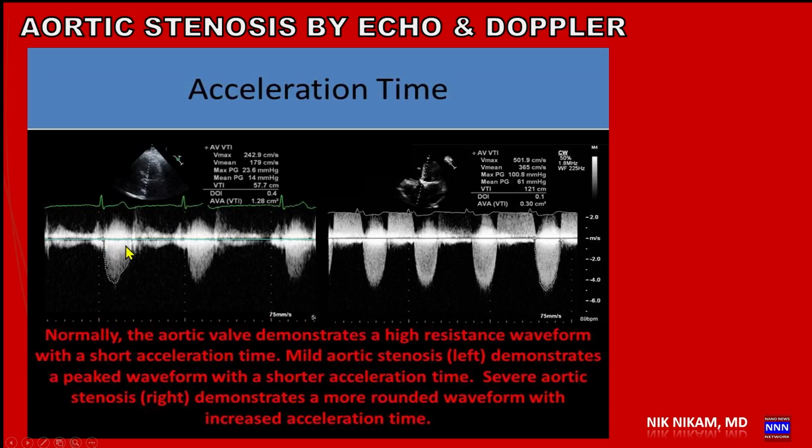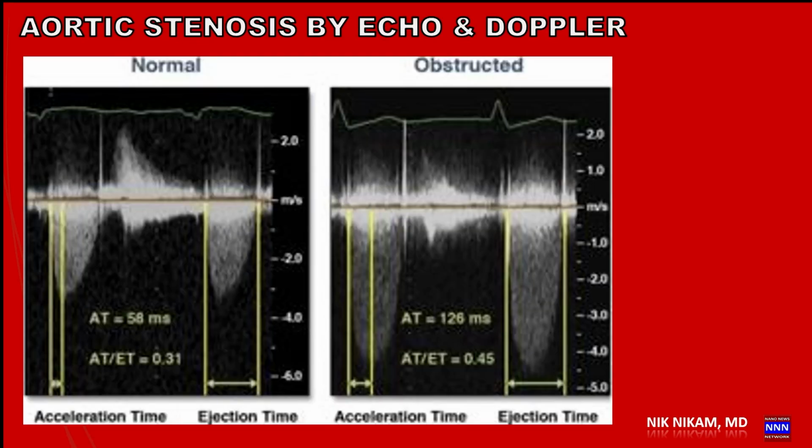If we have an acceleration time, and a year later the patient comes back with some symptoms, and the acceleration time has not changed a whole lot, then it may be that the aortic stenosis hasn't gotten worse. That's one of the indexes that we can use, but that's not the end of it. And here's how you measure the acceleration time from the beginning of the aortic valve opening to the time it reaches the peak velocity.